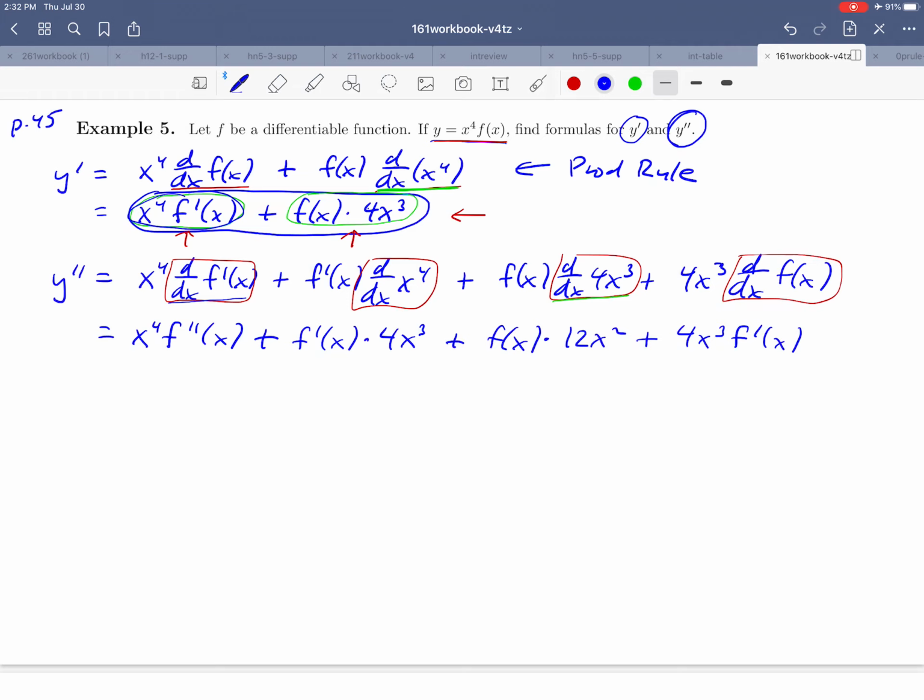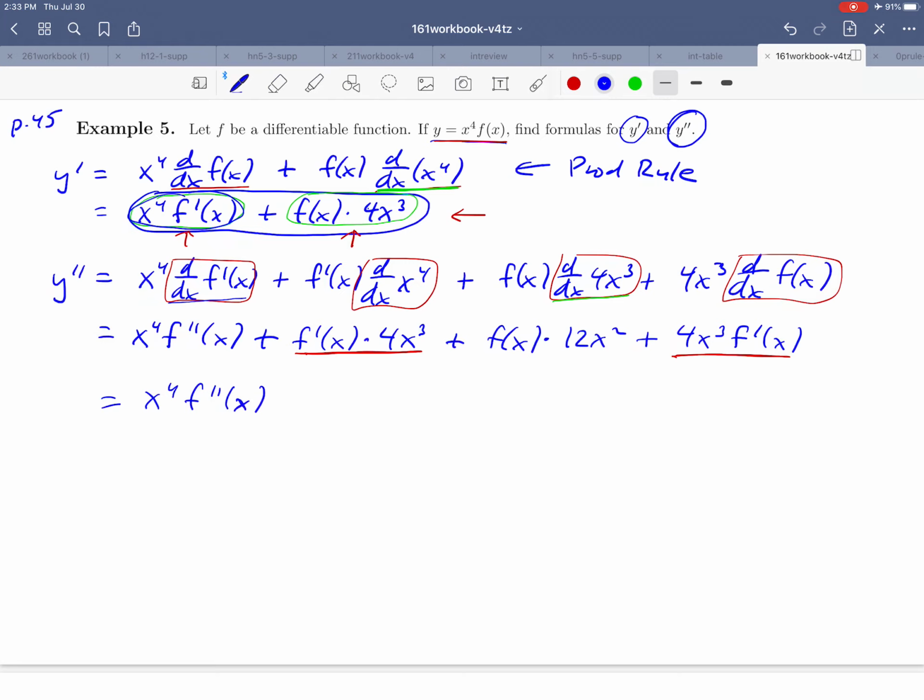Okay, now what we've written, this would technically be an okay answer. We could stop here because we've taken all the derivatives, but we can simplify a little bit. Notice that these two terms look exactly alike. 4x cubed times f prime of x, and then 4x cubed times f prime of x again. We can actually combine those, if we want to, into one term.